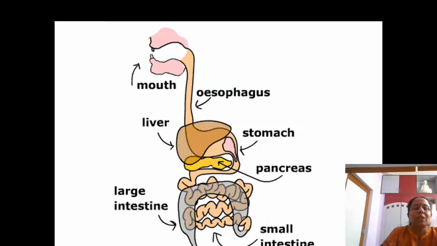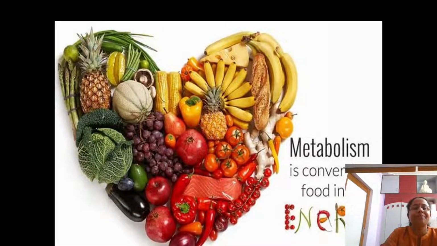So, whatever we eat, whatever we start chewing, putting into the mouth, the process of digestion starts. What happens in this process of digestion? Which are the steps involved? How the food we eat, whatever may be the form, is converted into energy is known as metabolism. That is what we are going to study in metabolism.